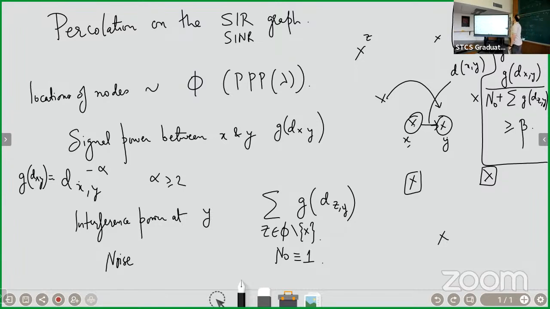Directed, okay, so convince me that if an edge exists this way, this condition is automatically satisfied the reverse way. So this is the same, this is the same, this is the difference. Because the locations are different, the interference is also different.